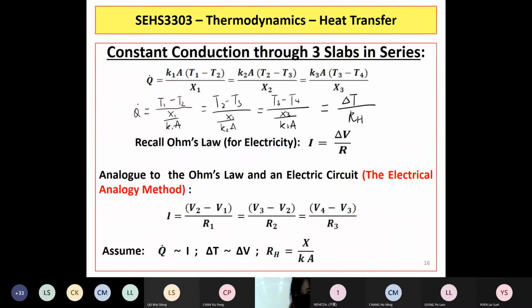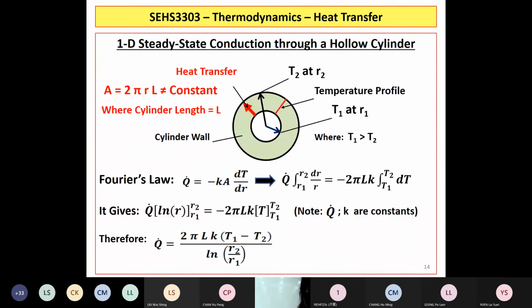So here, in this equation, if we rearrange it, divided by, this one should be R, right? For a circular pipe, this is the thermal resistor for a circular pipe.